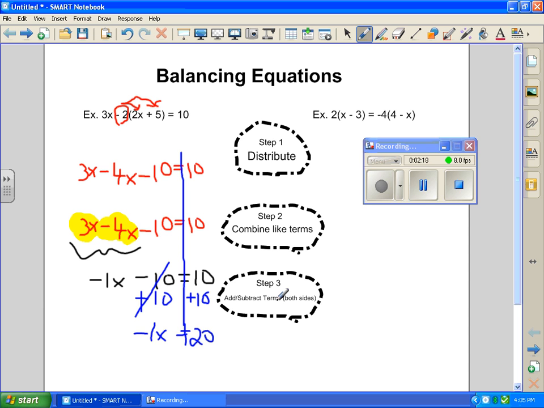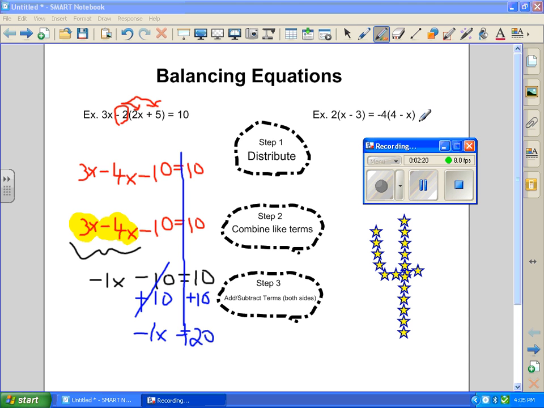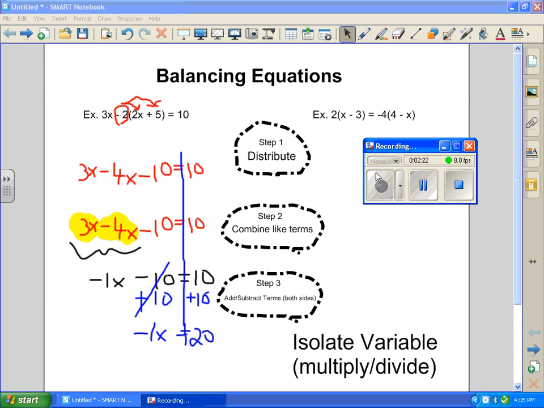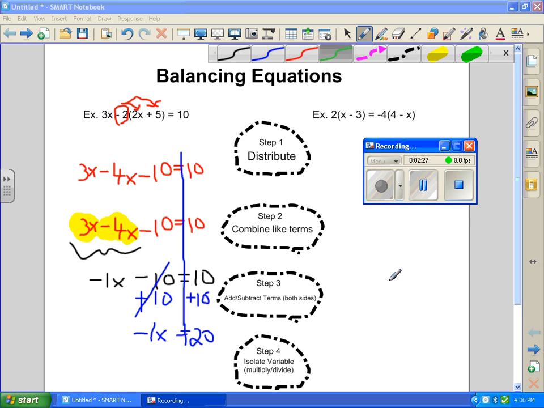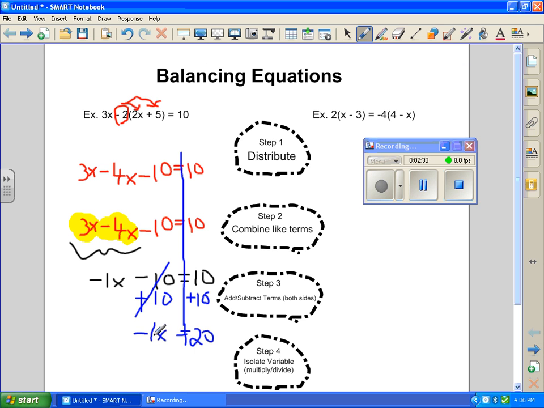Now we go on to step number 4, which is to isolate the variable. And you do this by multiplying or dividing. So in this case, I'm going to have to get rid of this -1. So if you look at the operation in between, it's a multiplication. You assume there's a dot. So the opposite of multiplying is dividing. So we divide by -1. -1 divided by -1, those cancel out.